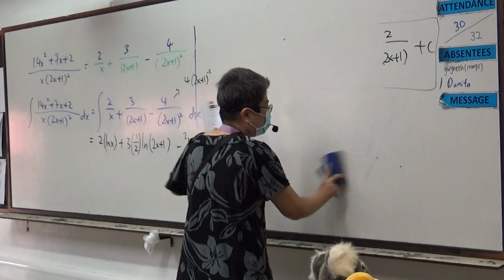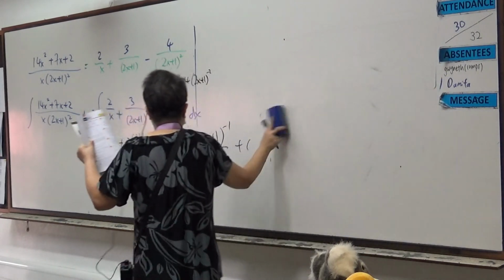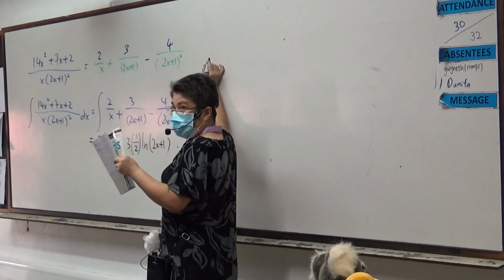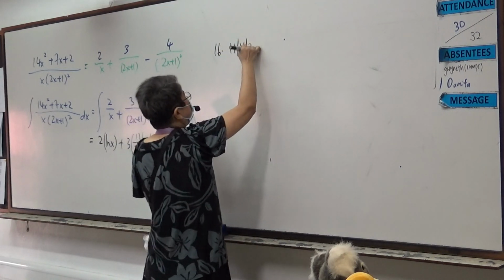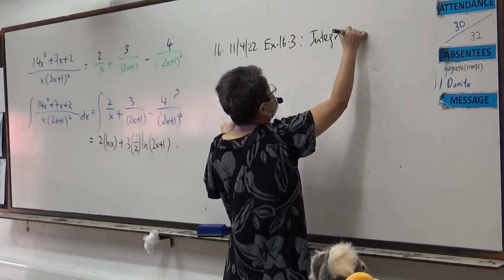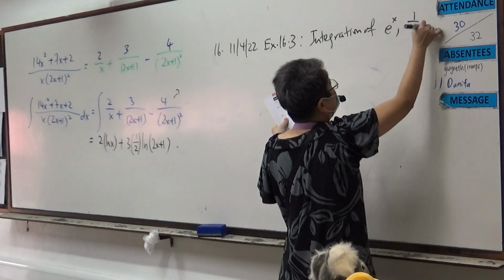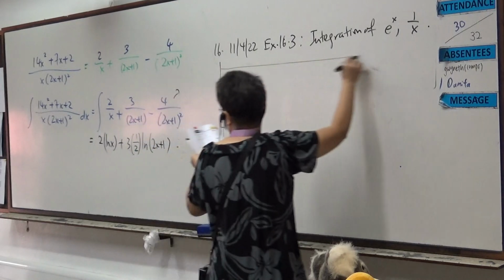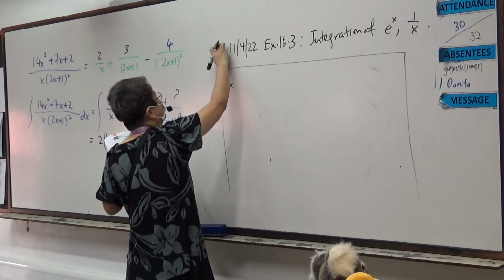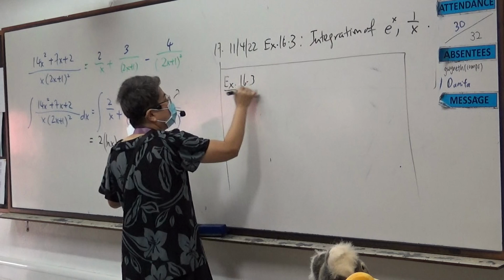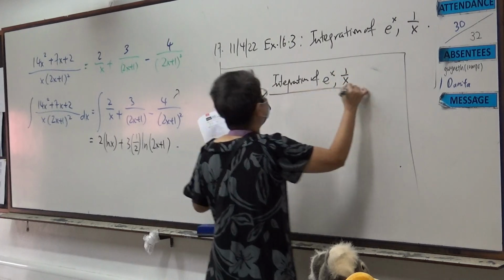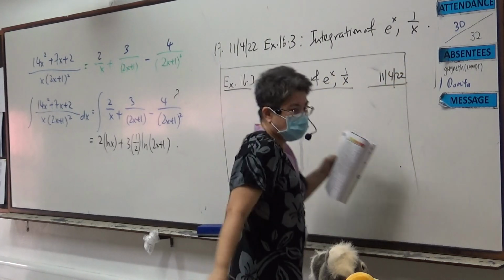16.3. What number is it on the content page now? 16. 16.1, 16.2, 16.3. Okay.